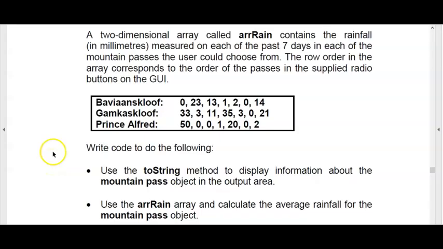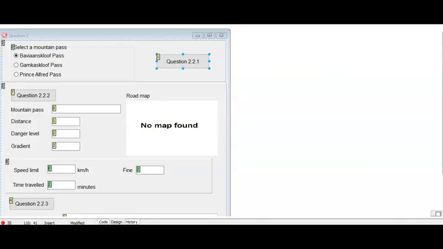In this question, they explain that they provided you with a two-dimensional array, rain, and it contains these values here, and the first row indicates it's for Baviaanskloof, and then the next one Gamkaskloof, and so on. And these also match. If you go to your radio group, you'll see it matches the order there.